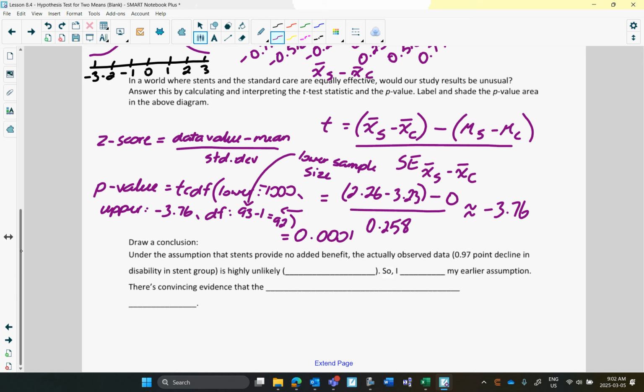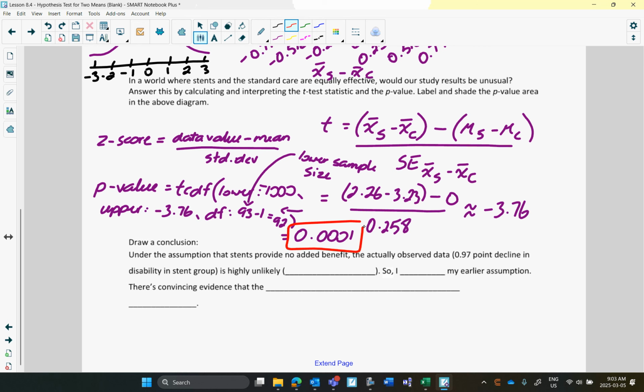Okay, anyway, here's our P value. That's what we want to hone in on. That's really low. Remember, what's the significance level that we normally use? 0.05 or 5%.